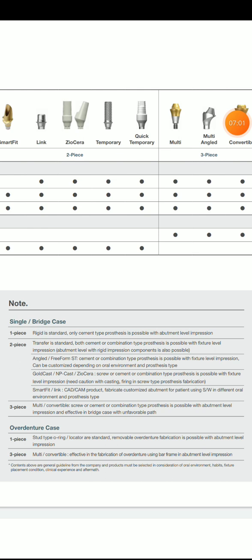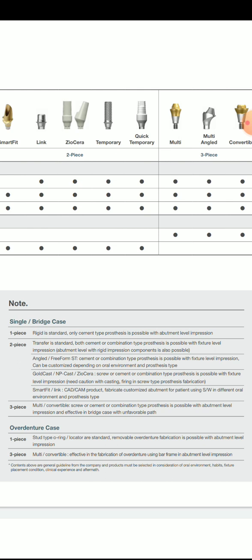For single or bridge cases, the rigid abutment is a standard one-piece abutment, whereas the transfer abutment is a standard two-piece abutment. The rigid abutment is used only for cement type of prosthesis, and we take an impression at the abutment level.